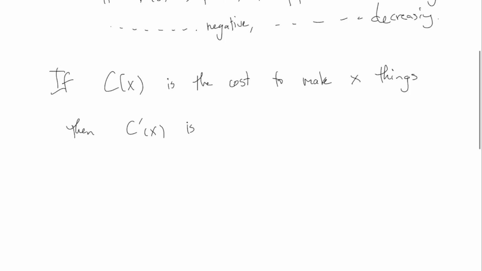This is the rate of change of the cost when we change the x. That is to say, if I decide to make a different amount of shoes, what will be the effect on the cost? Will the cost increase if I decide to make more shoes, or will it decrease if I decide to make more shoes? That kind of a thing.